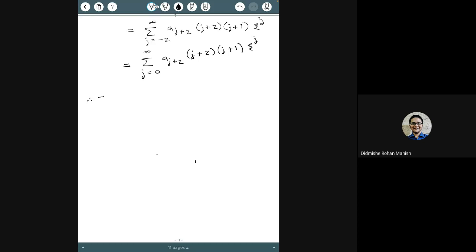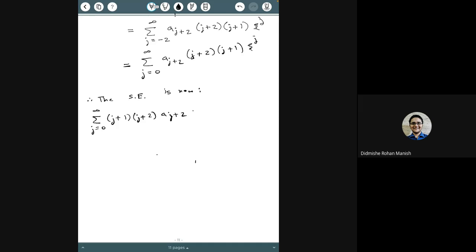Okay, therefore the Schrodinger equation is now, so we have the second derivative, which is j plus 1 into j plus 2 into a j plus 2.